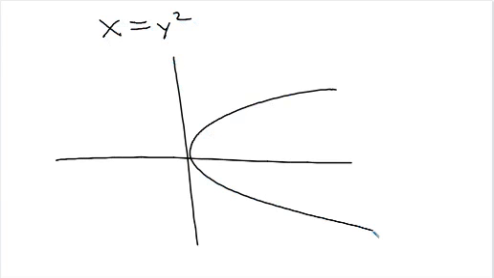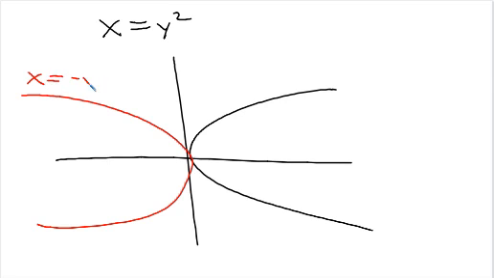If you think of each piece as part of a square root function, the top part and the bottom part, it makes sense. So this is x equals y squared. If I had x equals negative y squared, it would be like this.